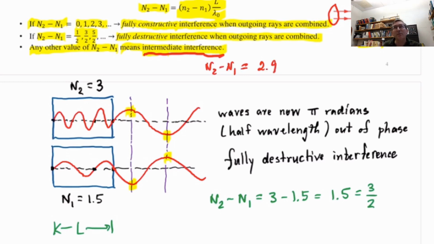That's the difference in the number of wavelengths that fit within the two blocks. Well, that's not exactly fully constructive, and it's definitely not fully destructive, because it's not an integer or an odd half integer. But notice, it's close to an integer. 2.9 is close to 3. So the way your book would describe this case is that it's intermediate interference, but it's close to being fully constructive. So you'll come across that kind of discussion.